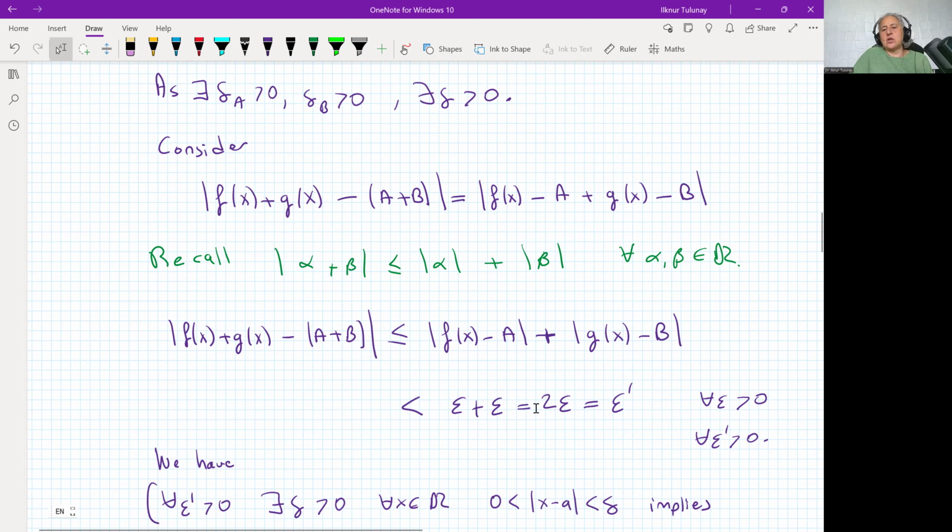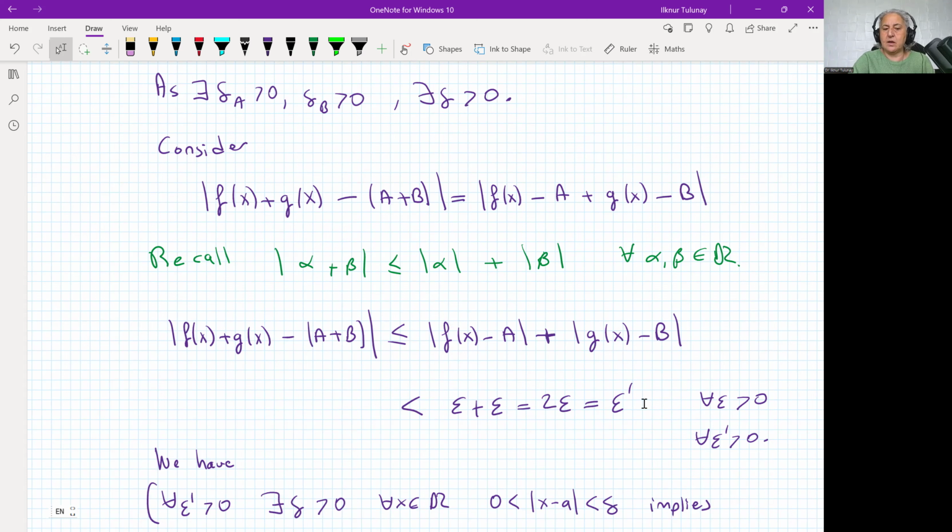It is not illogical to use the same epsilon, or to use different epsilons for each of these. It doesn't matter at all. Either you will say epsilon plus epsilon prime, some other epsilon, or you would say 2 epsilon is something epsilon, because when epsilon runs through everything, any number between 0 and 1, epsilon prime will run through any number between 0 and 1.